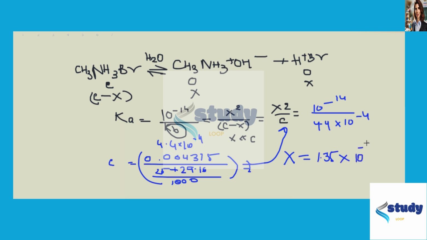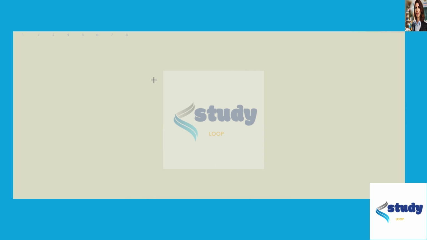Now, a couple things before we go on to the next page, because it's going to be a continuation of this part, is that the amount of HBr produced is X. The value of X is 1.35 into 10 to the power minus 6. HBr is a strong acid, so the tendency is that HBr will not stay as HBr but break up into H plus and Br minus ions, right?